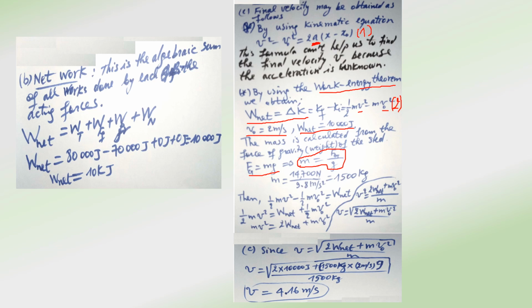The net work was calculated in sub-question B. The mass of the body is calculated here to be 1,500 kilograms. The initial velocity is given to be 2 meters per second. Replacing each quantity by its value, we obtain the final velocity to be 4.16 meters per second.